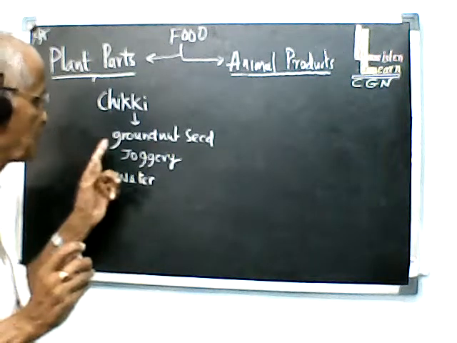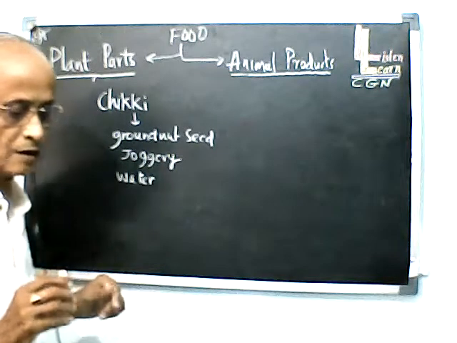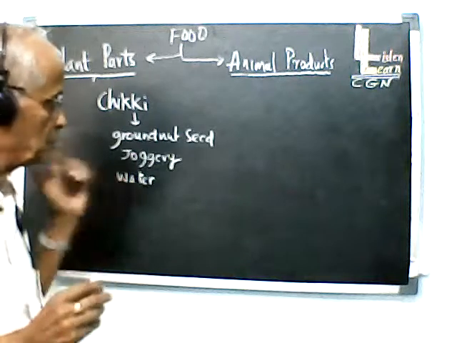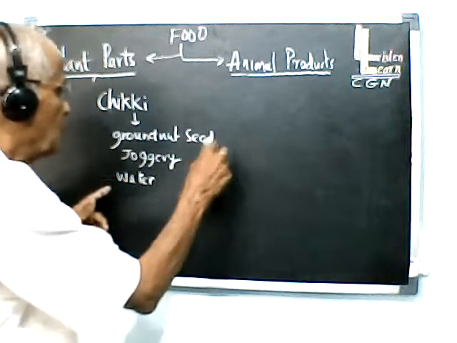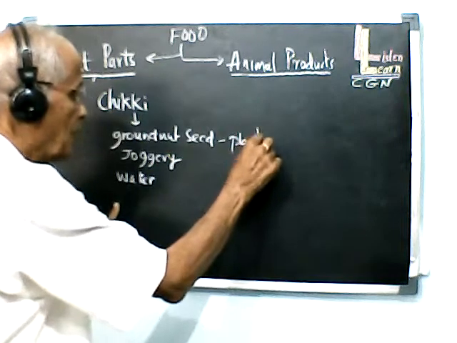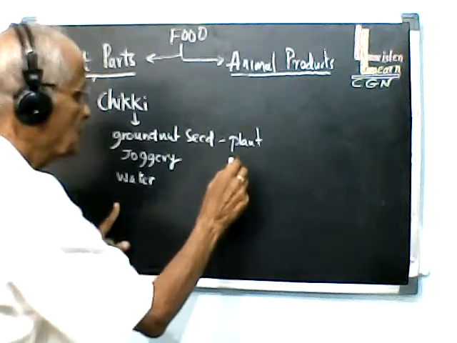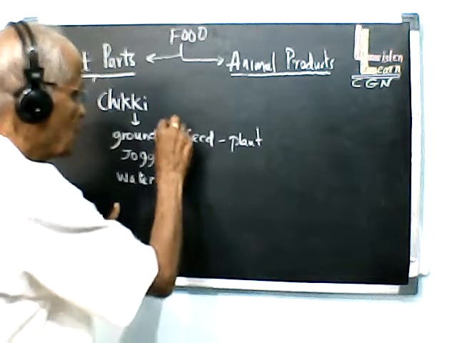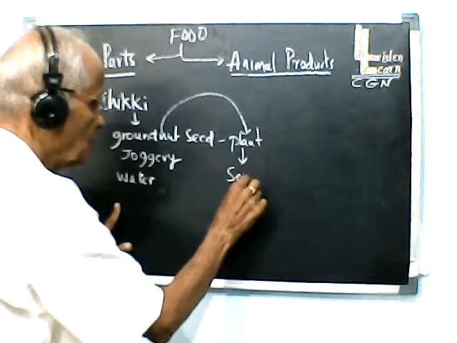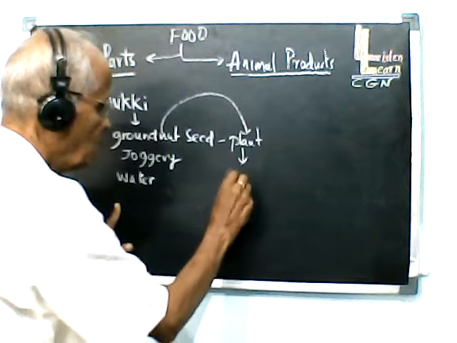Now let's try to say groundnut seed. Which plant produces groundnut seed? If you ask that question, we can say groundnut plant. In this plant, only seeds are used. That is fruits.